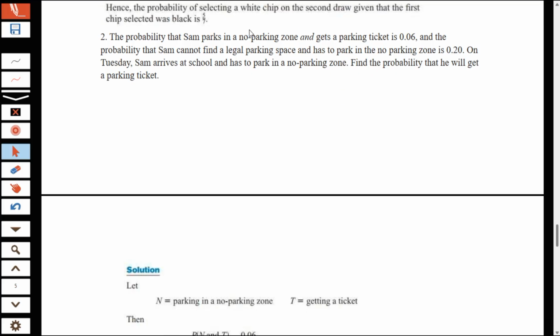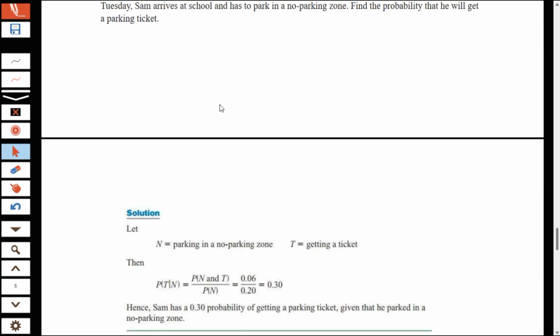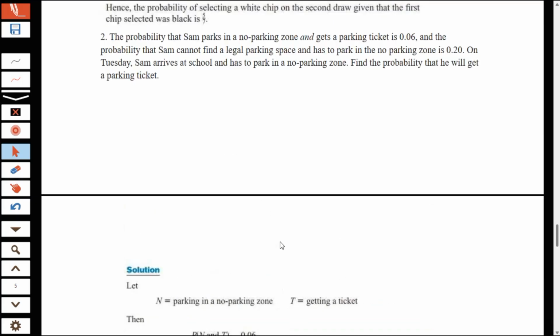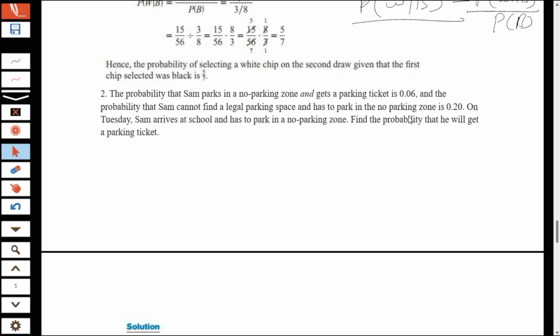So let's use letters to represent our sentences. Our N will represent parking in a no parking zone, and a T will represent getting a parking ticket. Our question says find the probability that he will get a parking ticket.